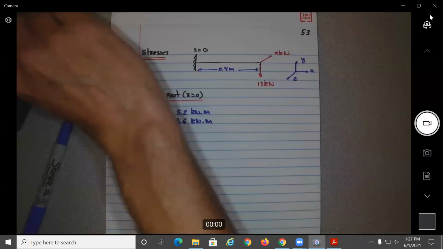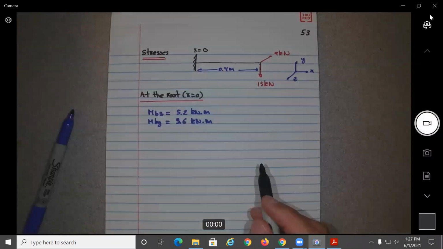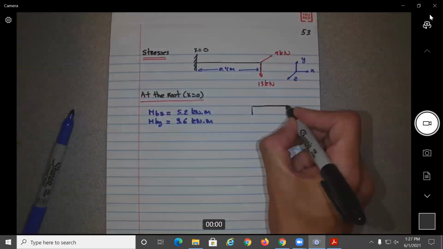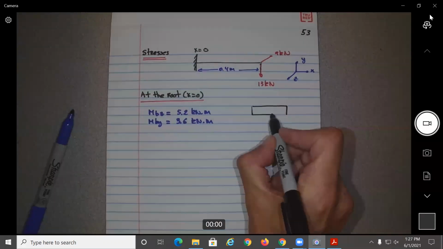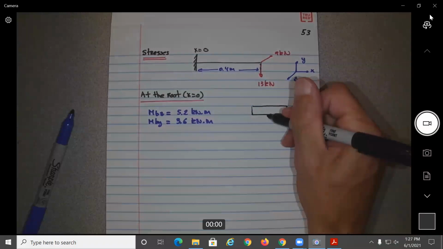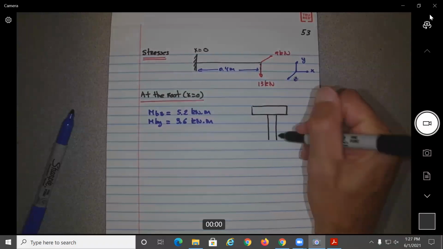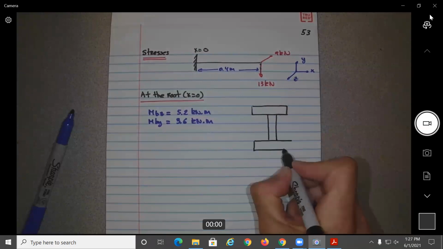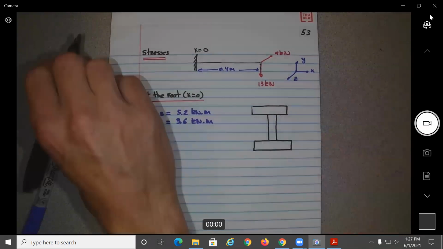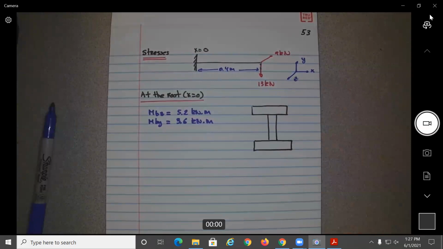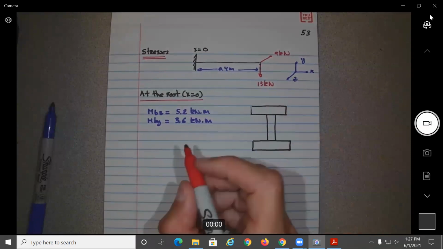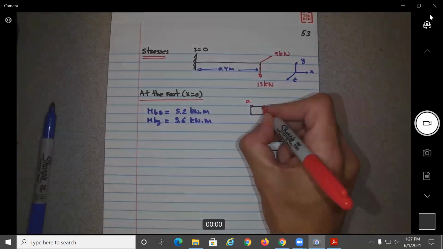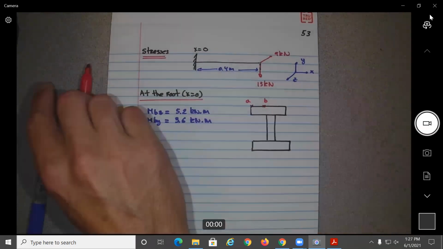So now, where do we need to calculate the stresses? If we look at the cross section, looks like point A is over here. Point B is over here.